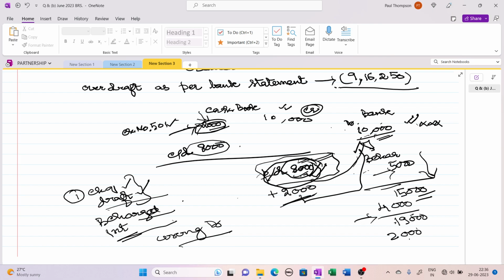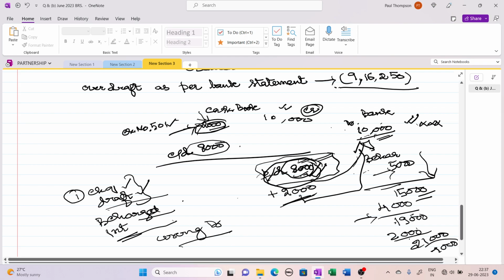On the other hand, any amount received directly by the bank will reduce the overdraft. Clear? Suppose a customer has a loan of 21,000 here, and a customer makes a direct deposit of 7,000 rupees into the bank. The bank will immediately reduce my loan amount by 7,000 rupees. But this is not known to me.